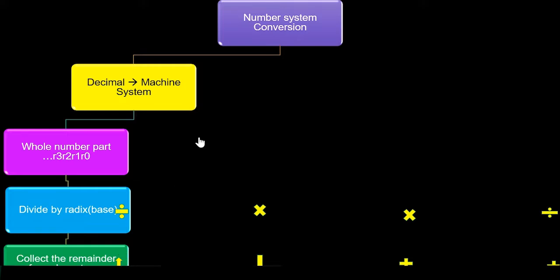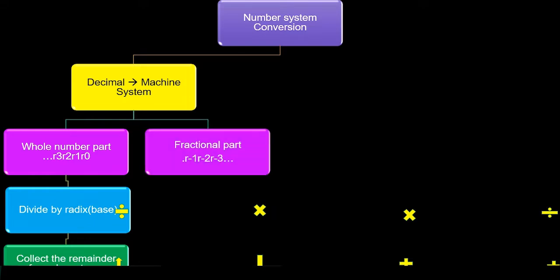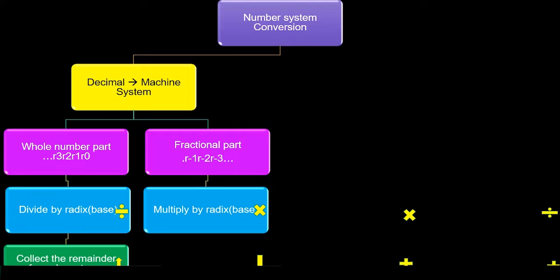In the case of the fractional part, we have to multiply the fractional part by the radix or the base, which is 2, 8 or 16 based upon whether the number is octal, binary or hexa.